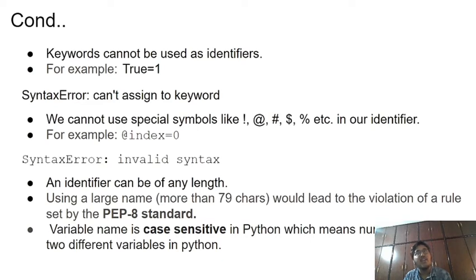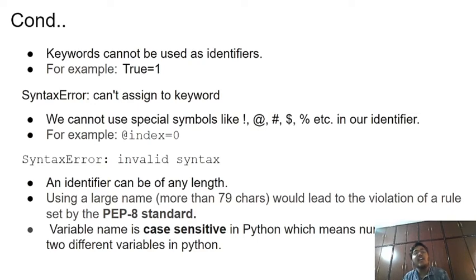If you start a variable with a digit, we will also get an error. We should not use special symbols like exclamation, at the rate, hash, dollar, percent in an identifier. If you use them, we will get an error.